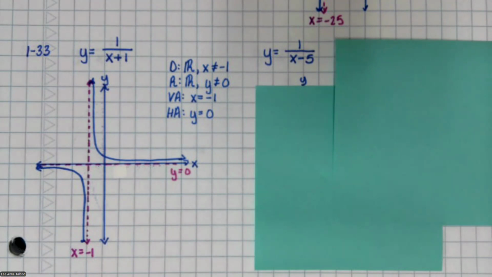Okay, so check your first one. Dash line at -1, dash line at 0, the domain, range, vertical asymptote, horizontal asymptote, and then I just sketched in the curve. Yes, we did it, guys.